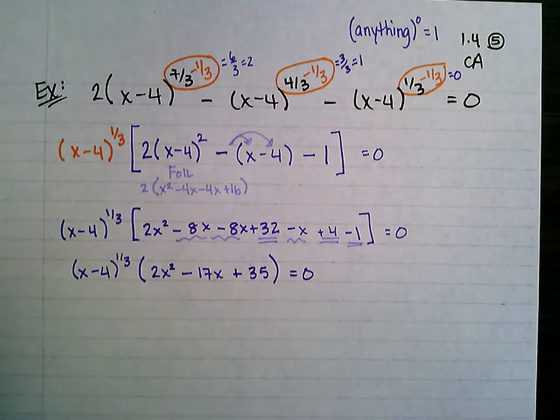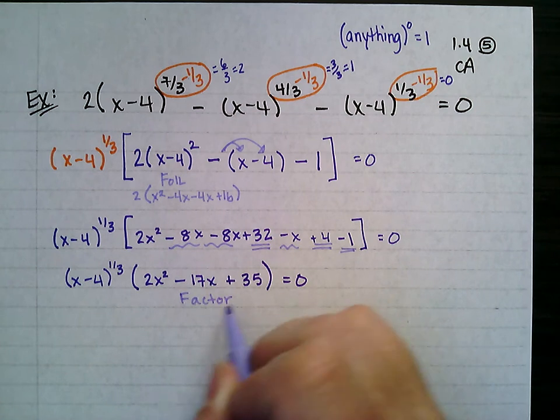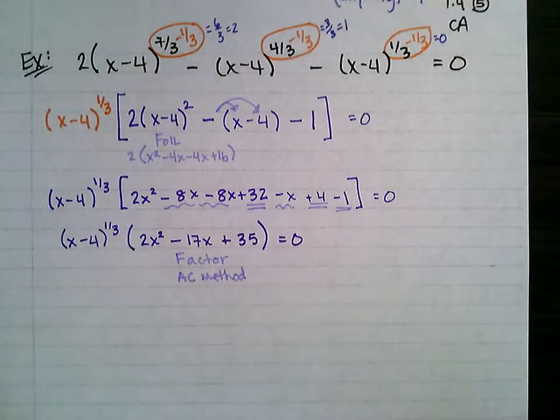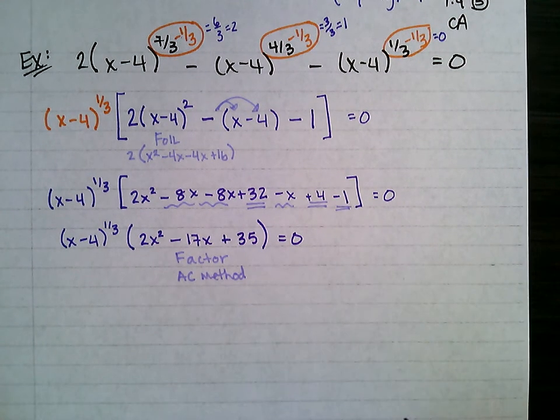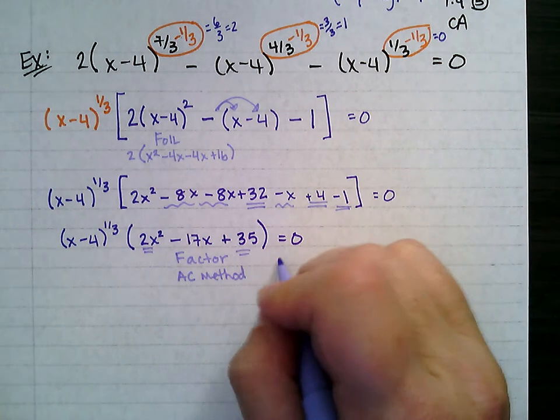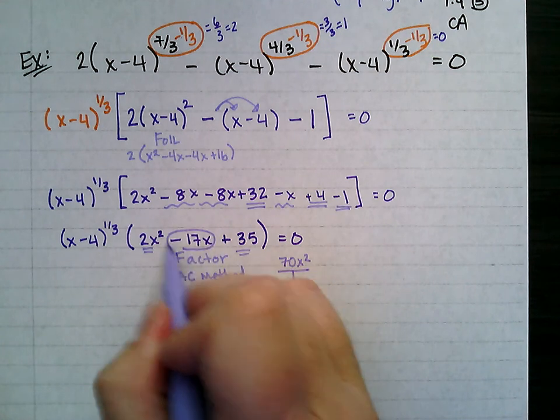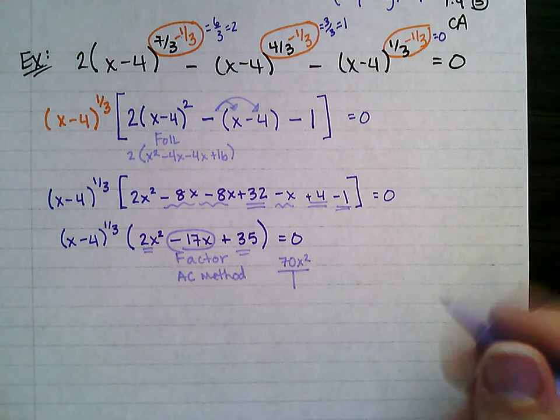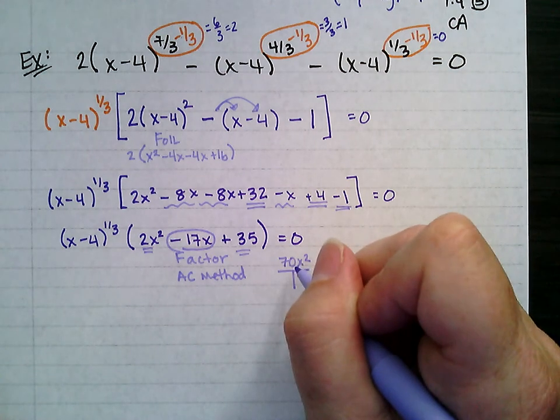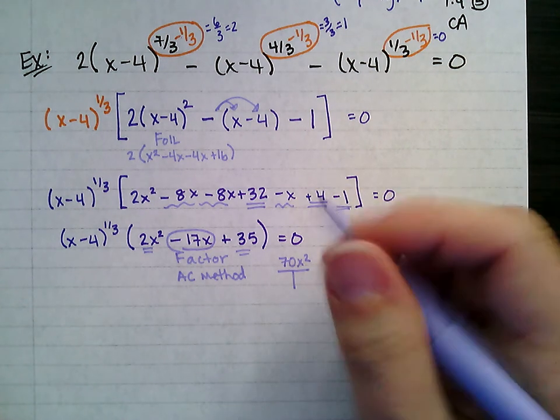But wait, there's more, because we still have to factor what's in here. So we're going to use the AC method. So remember, the first thing to do is check and see, is there a GCF for all three of those? No, there is not. So I take the first thing times the third thing. So I got 70x squared, and I'm looking to rewrite this negative 17x. When I multiply to get positive 70, that could either be positive 7, positive 10, or negative 7, negative 10.